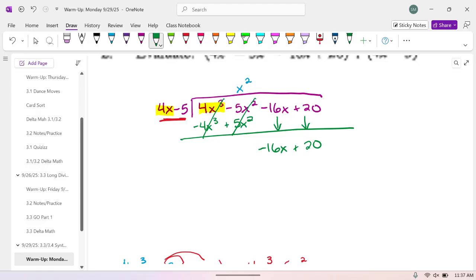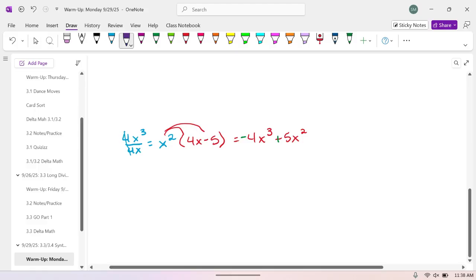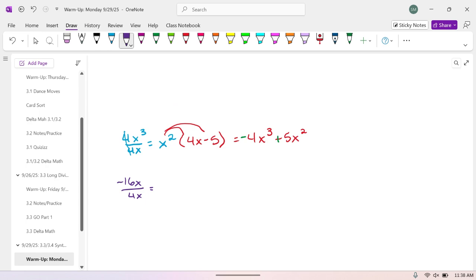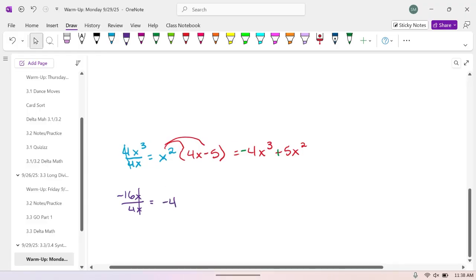So now I'm going to divide the negative 16 by what? 4x. Good. So down here, I got negative 16x over 4x. What happens to my x's? They cancel. So it's negative 16 divided by 4. Negative 4. Good.